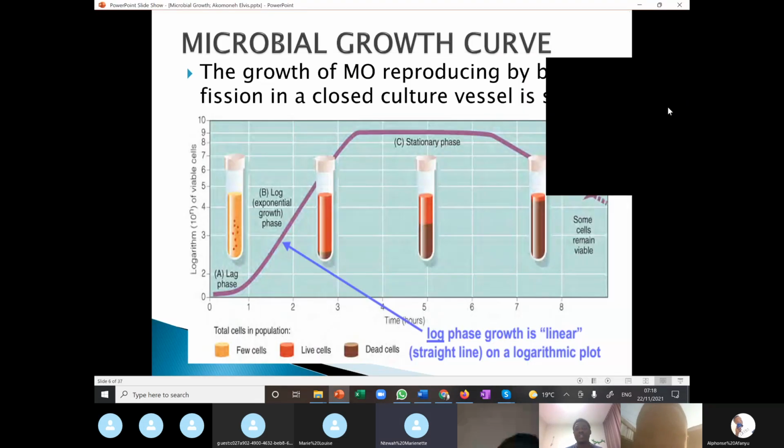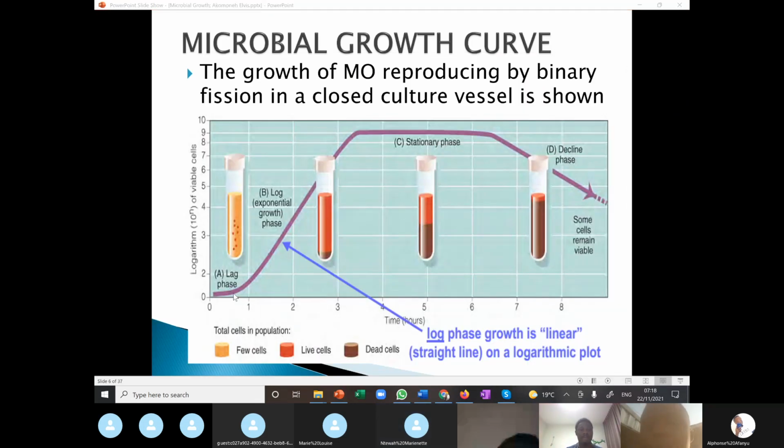Another reason for the lag phase is that this medium into which we have just introduced these organisms might be a different medium from where the organism was previously growing. That will mean that the organism will need to synthesize new what?